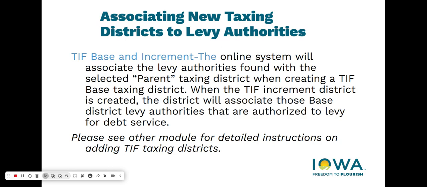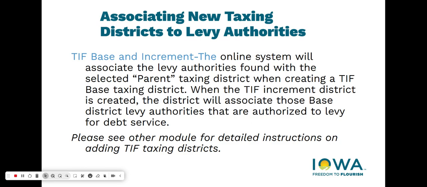It does associate those base district levy authorities that are authorized to levy debt service with the TIF increment district then. So your school, your county, your city, those entities that are able to tax directly against that incremental value that are found in that parent district get associated with that increment district.